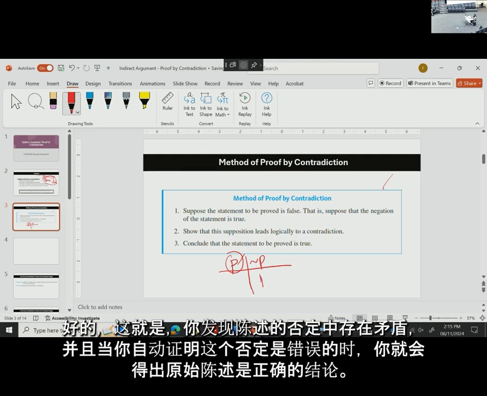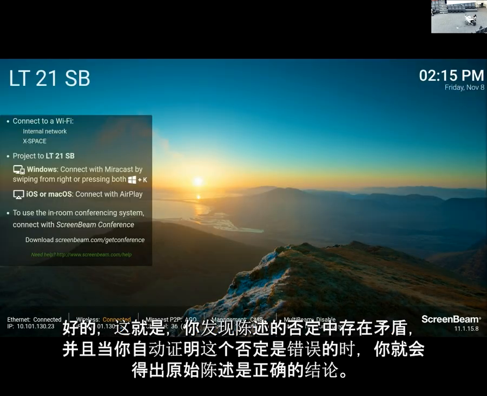This is you find a contradiction in the negation of the statement, and when you show the proof that this negation is false, automatically you reach the conclusion that the original statement is true.